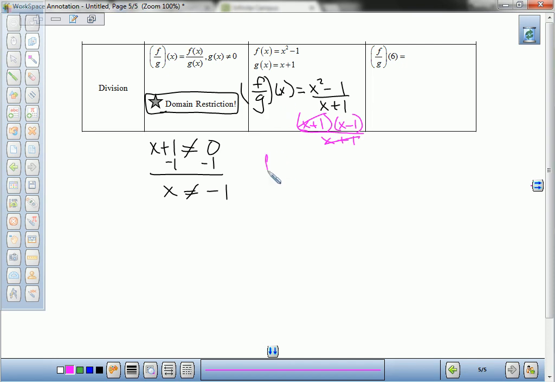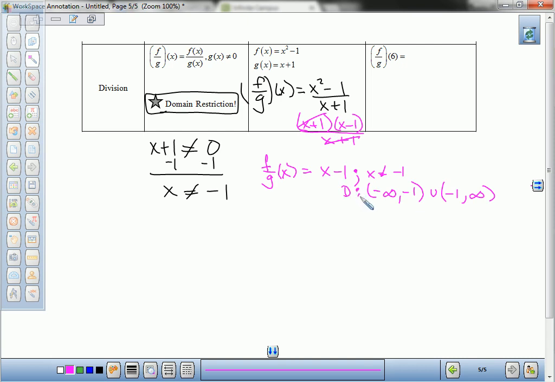So in this case, f divided by g of x simplifies to just x minus 1. But we must always write the restriction on the domain. In this domain, x cannot equal 1. So you either write it as a restriction, or if I ask you for the actual domain, it would be everything but negative 1.